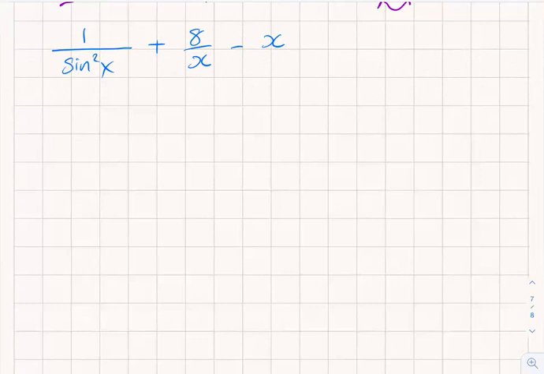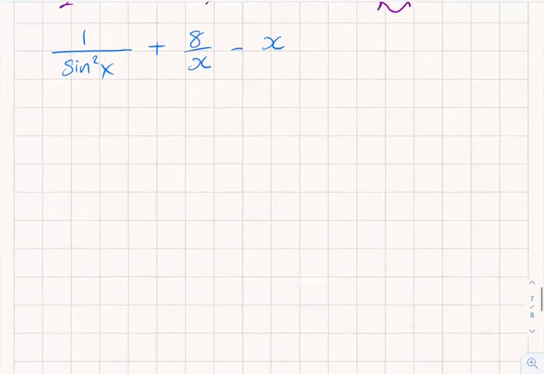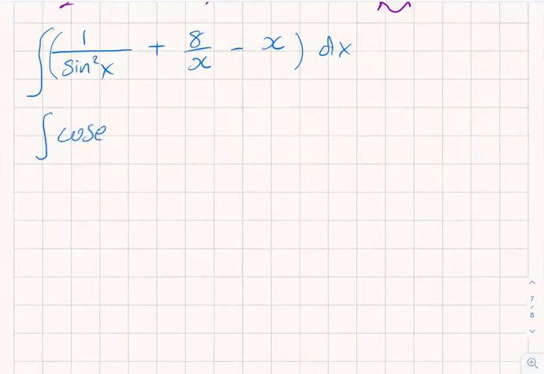Okay, so to solve this, again, we need to integrate, dx. 1 over sine squared, we change it into another format, it means cosecant squared. So this is the integral of cosecant squared plus 8 over x, so it's 8 times 1 over x, minus x here, dx.